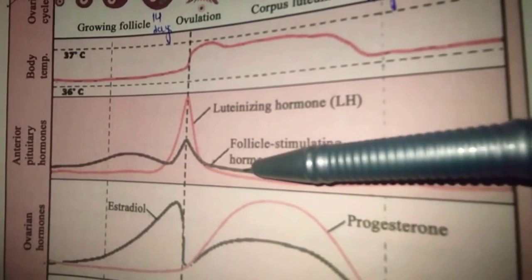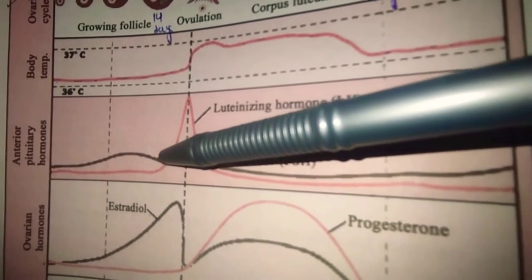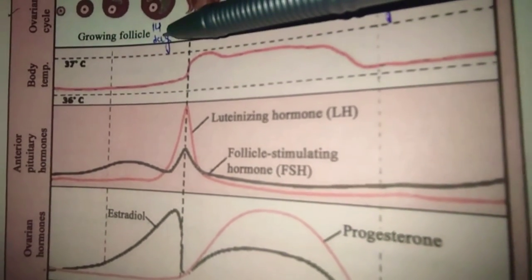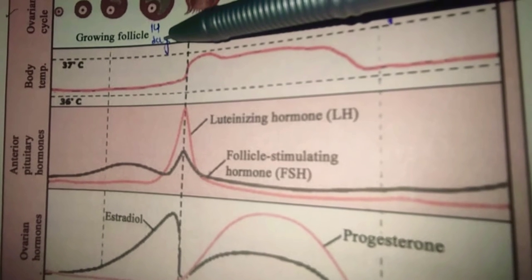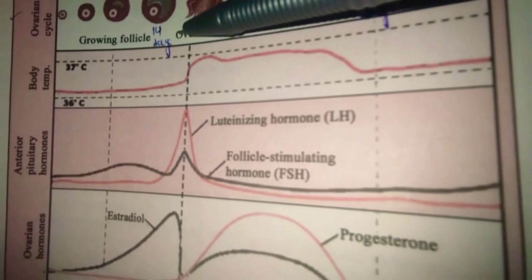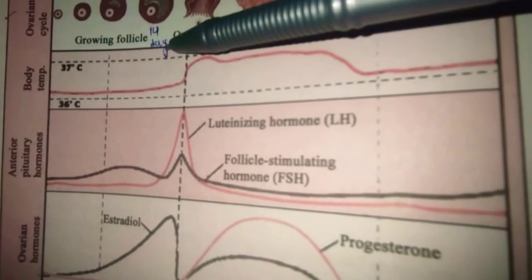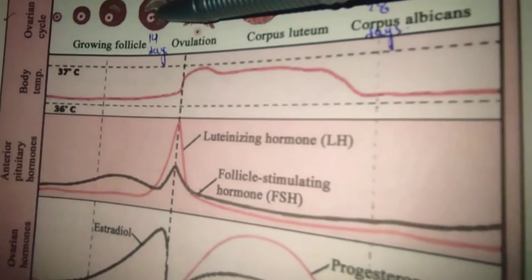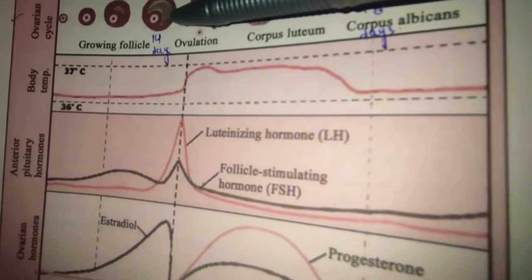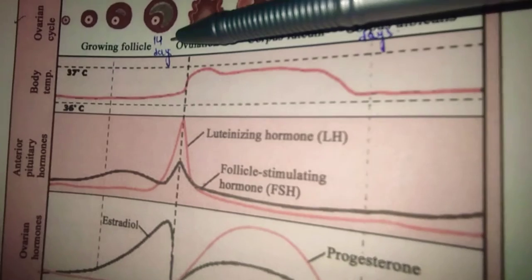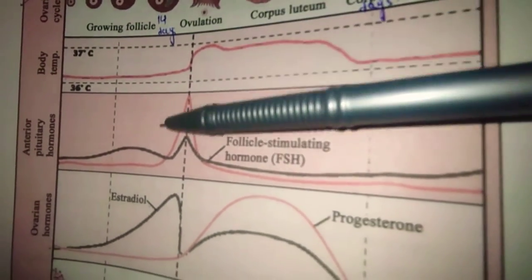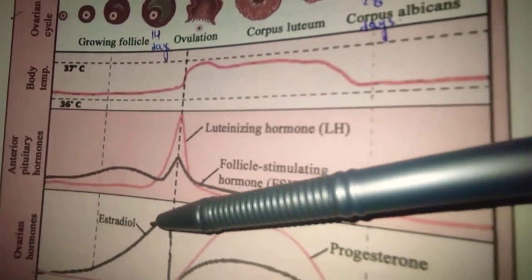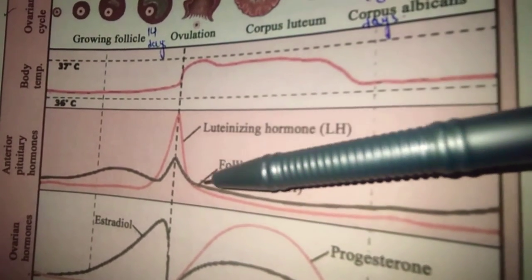So FSH production will decrease, and then due to this, all the other follicles will decrease or atrophy, while one dominant follicle, as you all can see here, will remain, and that dominant follicle will continue its growth. So at the end of the follicular phase, estrogen levels rise and FSH decreases.